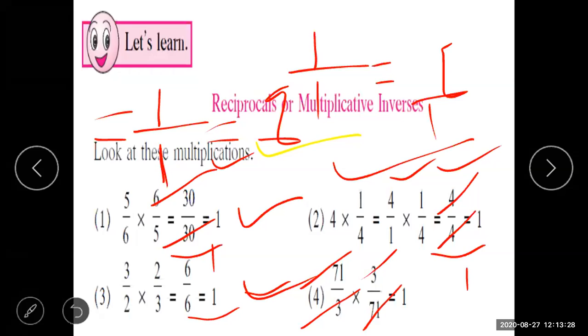You are getting only 1, because if the numerator and the denominator of the cross numbers are the same, you have to cut them and directly write the answer. So here 71 upper and 71 in the denominator cut, and 3 also cuts, so we will get the answer 1 only.